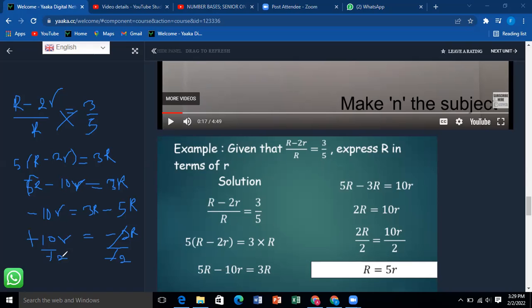Negative and negative, then here by 1 and here 5. So we can see that our capital R will give us 5 small r. So I guess it is clear.